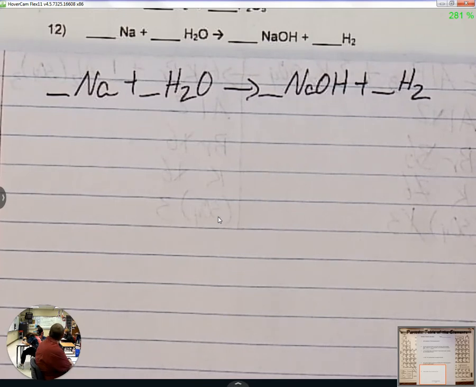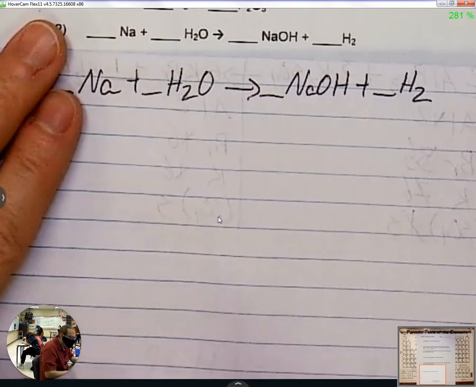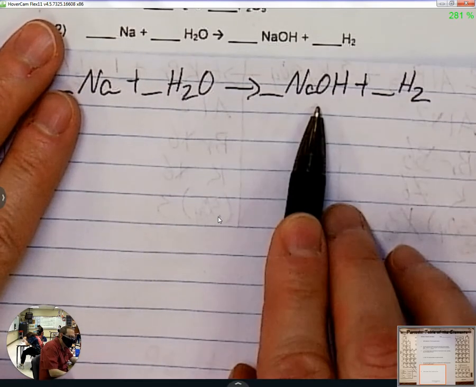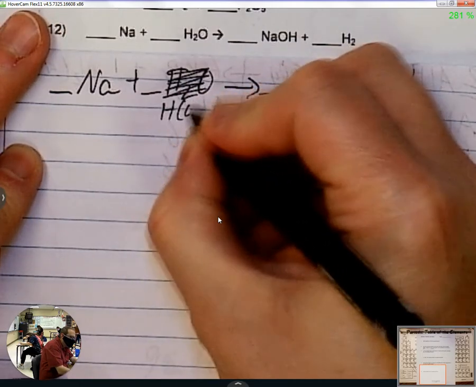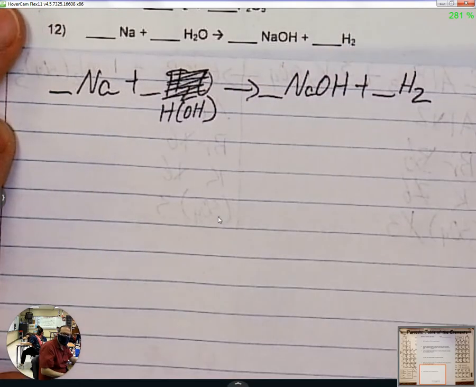I do. So I could rewrite it, or I could leave it like it is. Would you like us to work it both ways? It doesn't really matter. Okay, you say switch it? I think that's fine because we've got an H and we've got an OH here, so let's rewrite this as HOH, and let's see what happens.